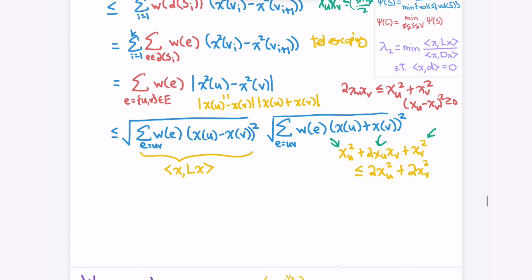Anyway, this is not a deep thing, right? Because it's just expressing (x_u minus x_v) squared is greater than or equal to 0. But the nice thing is you remove these cross terms, and now these x_u squares and x_v squares multiplied times the edge weights start looking like x^T D x, right? Because the sum of edge weights will recover the degree for each vertex. So this becomes 2 x^T D x.